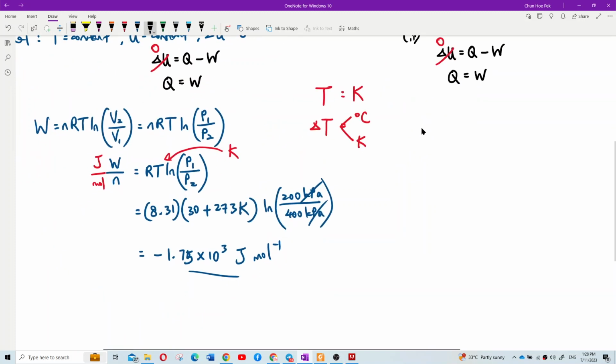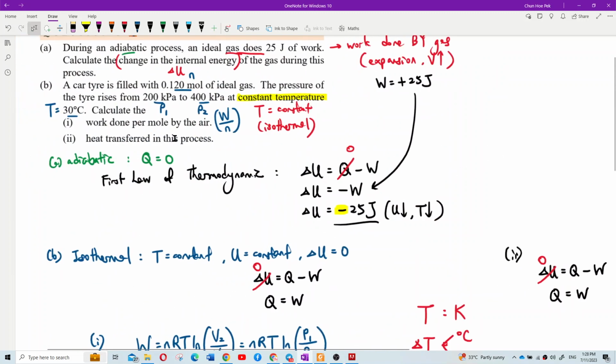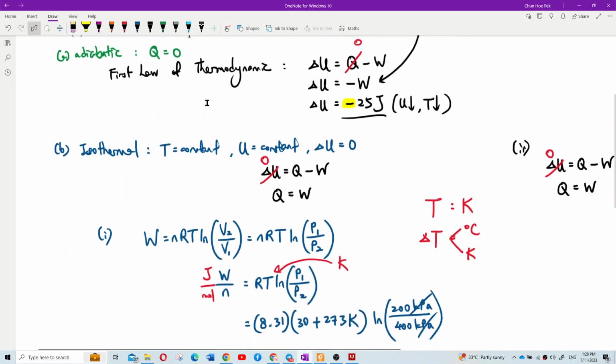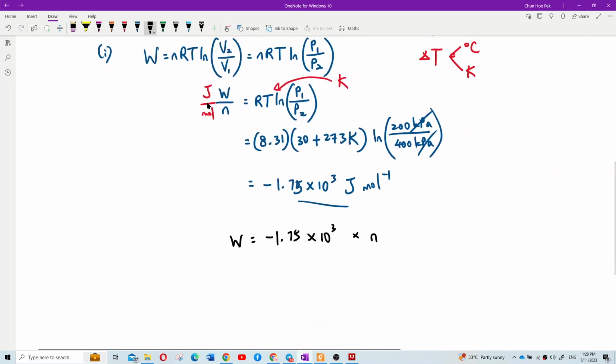So work done is equal to 1.75 exponent 3 multiplied by the mole. I go above, our mole is 0.12 mole.